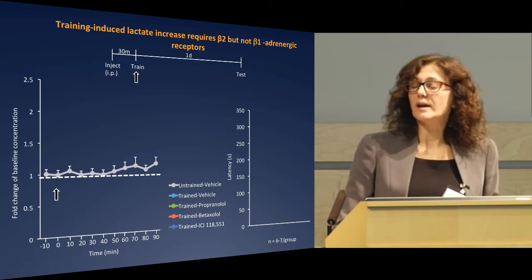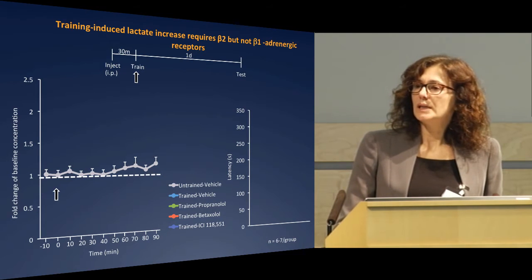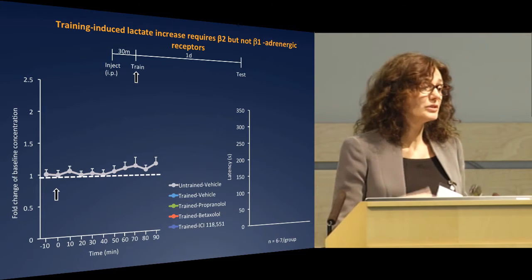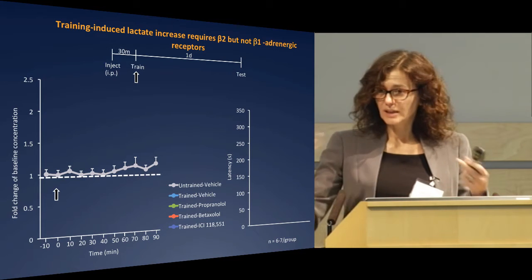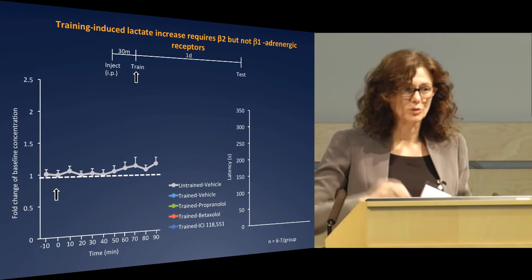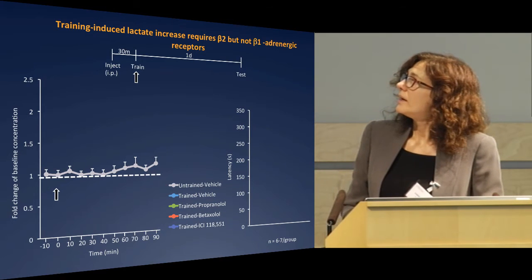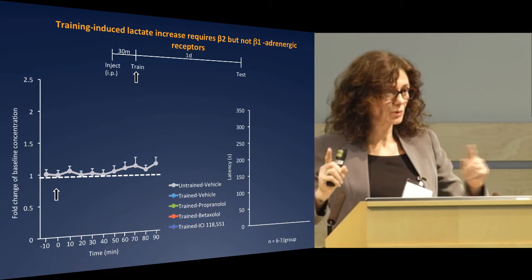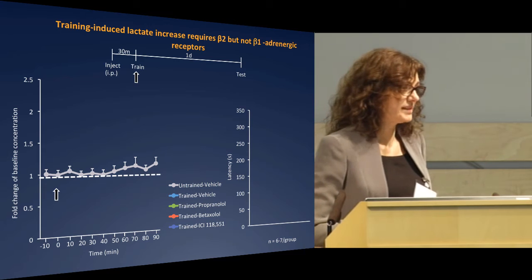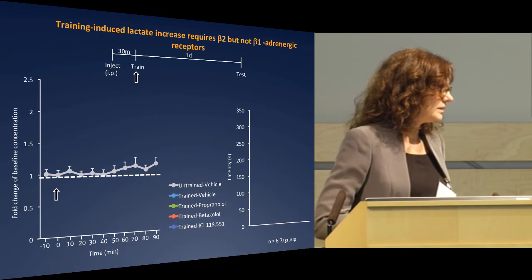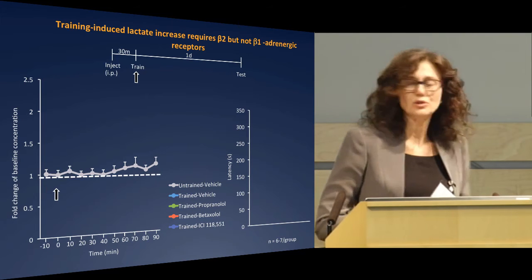She went on and then asked, are beta adrenergic receptors important for the release of lactate evoked by training? So she measured with microdialysis in the dorsal hippocampi, and she wants to test whether beta-1 or beta-2 type receptors are involved, perhaps both, in this regulation.